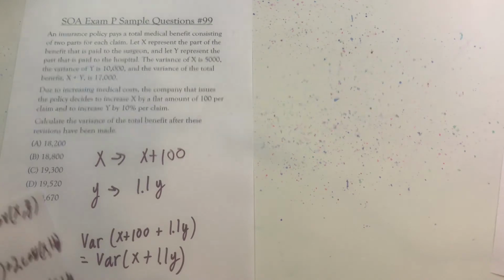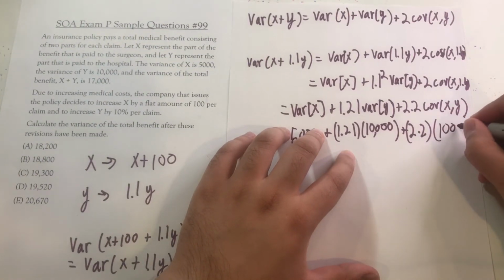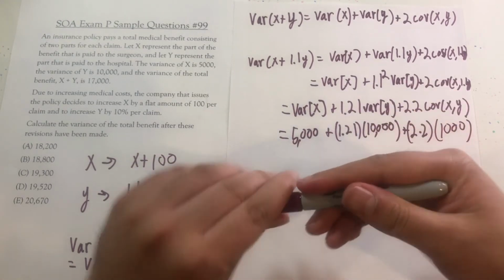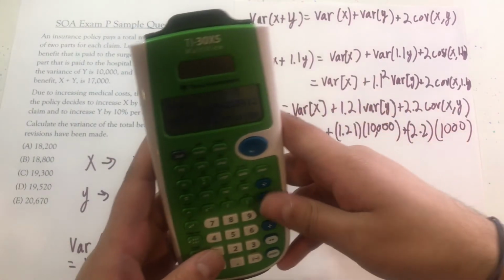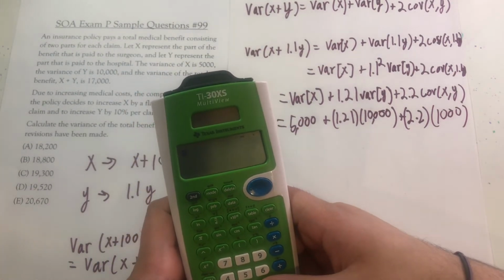Now that we found that out, little substitution here. And this is just a string of things I can put into my calculator, right? TI-30X, the recommended calculator for Exam P, and also bring it to FM.